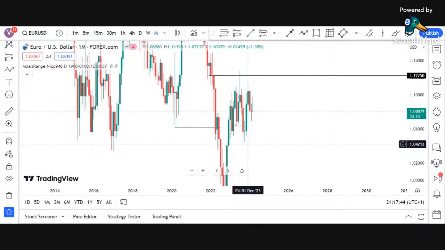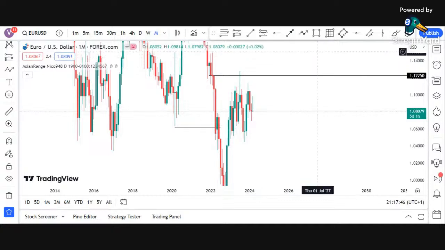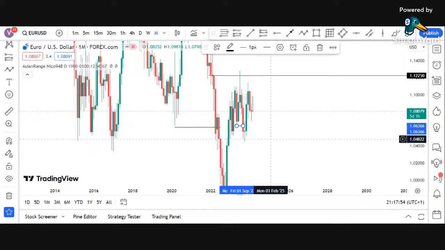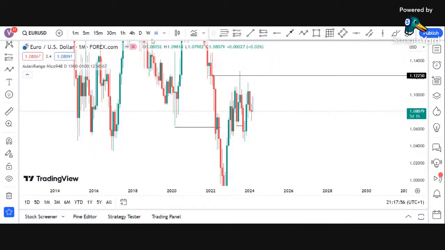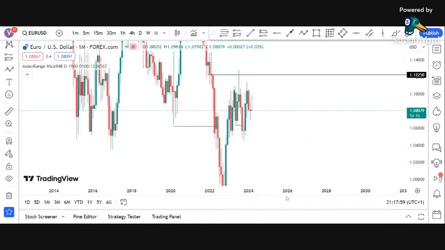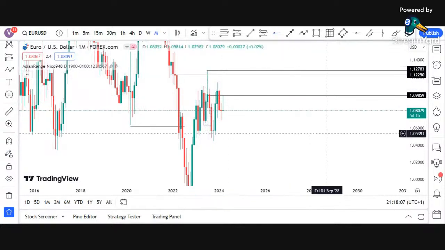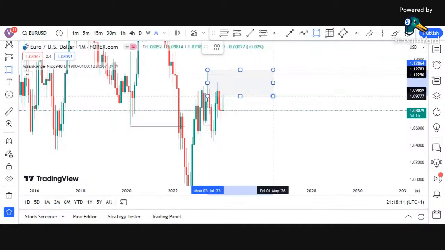So that's the sweep. And what's currently happening is price is in this rejection candle area. If you are not seeing it well, this is what I'm seeing.